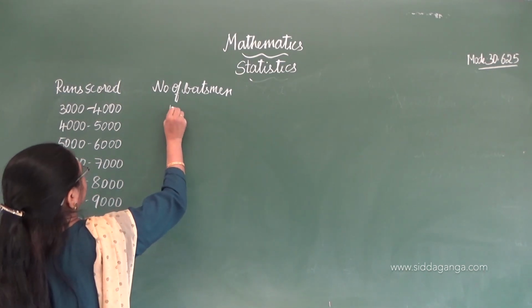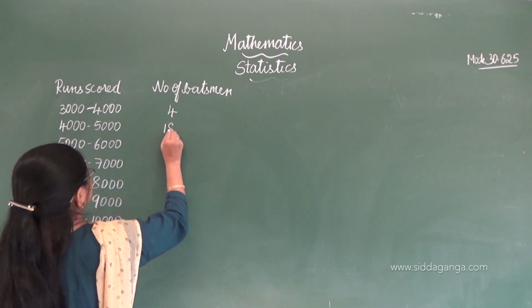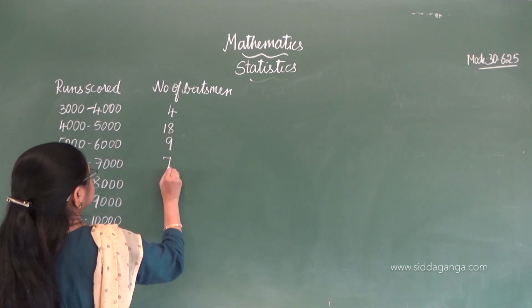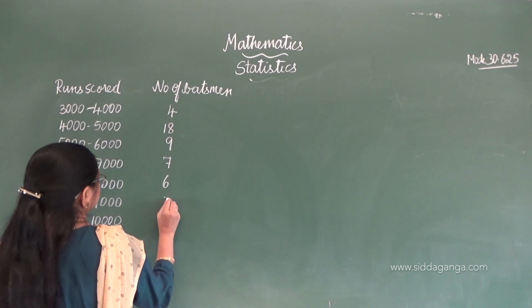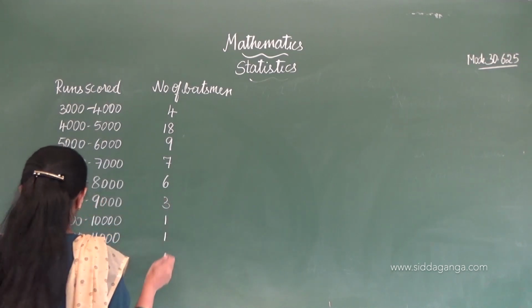Number of batsmen: 4, 18, 9, 7, 6, 3, 1, 1.